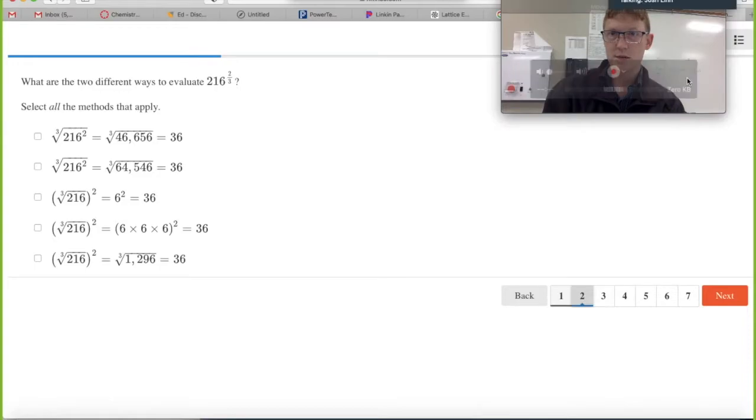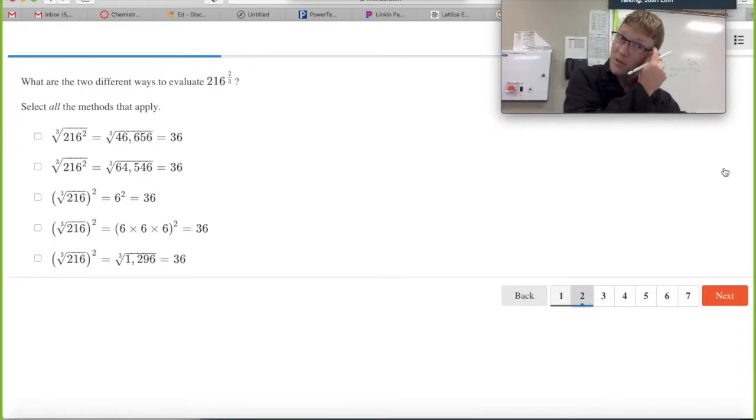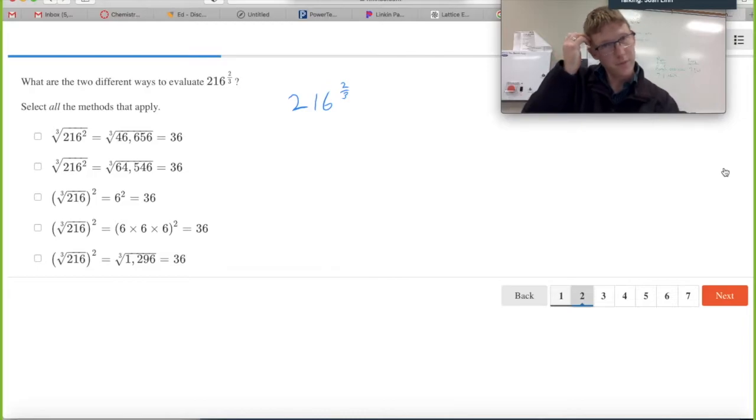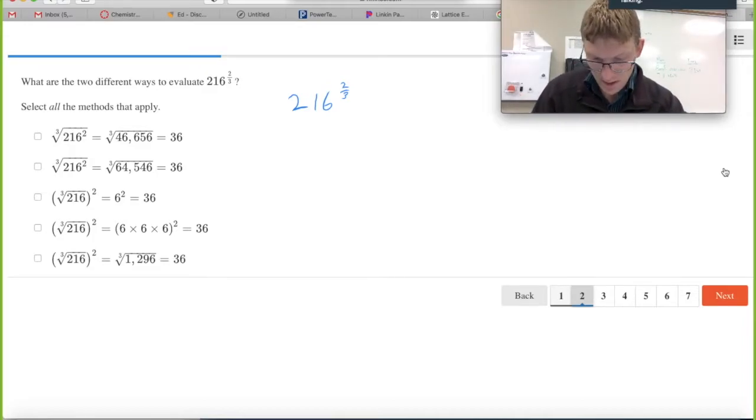So this next one says, what are two different ways to evaluate 216 to the 2/3 power, other than shoving it into your calculator, which we'll talk about. So the first way is you can do either the top of the fraction first or the bottom of the fraction first.